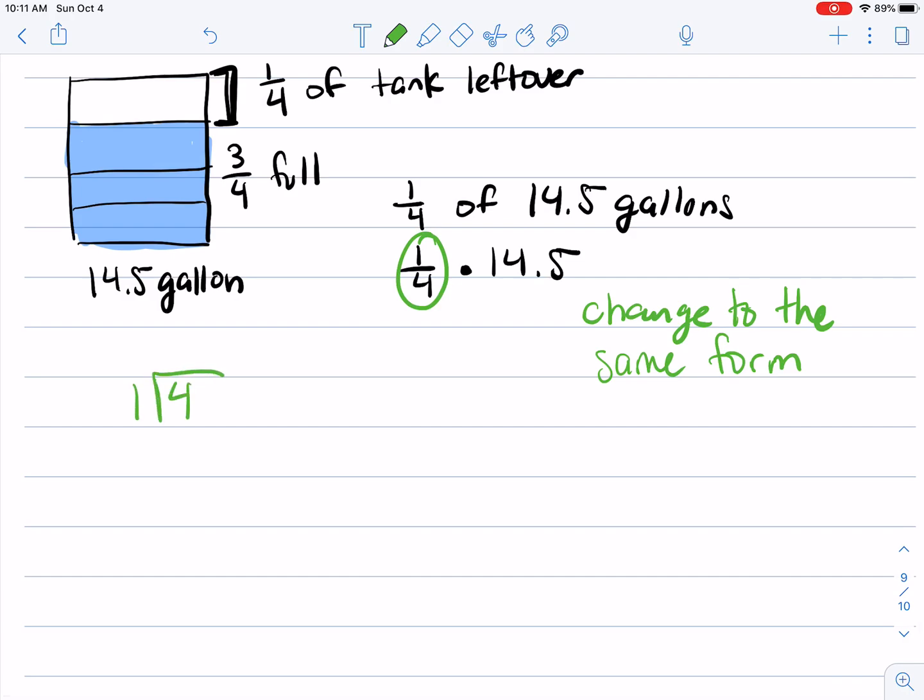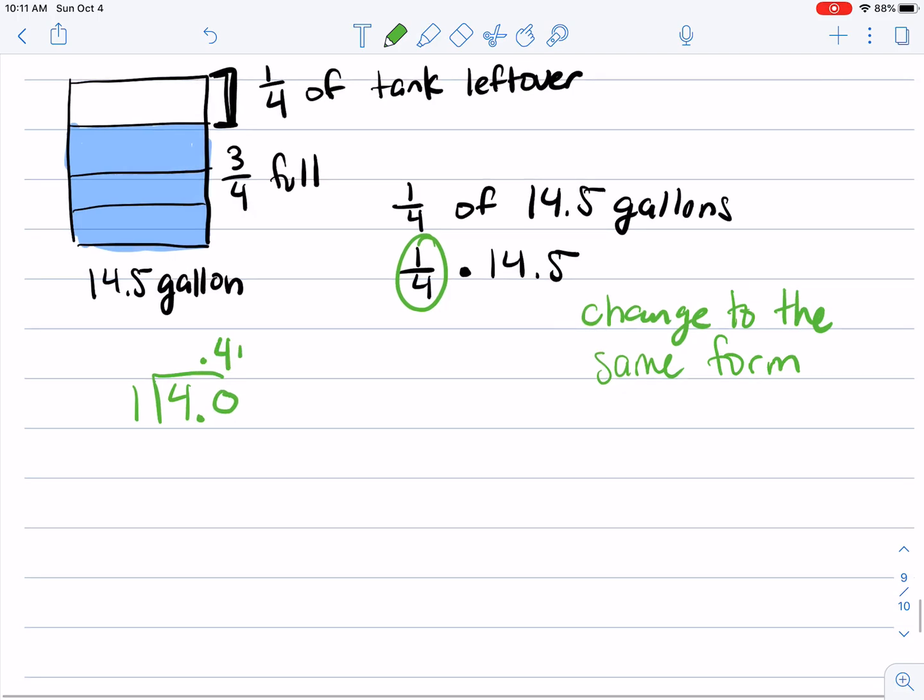So 4 divided by 1, we're going to need to use a decimal point. Oh, you know what? I did that backwards. I knew that looked strange.